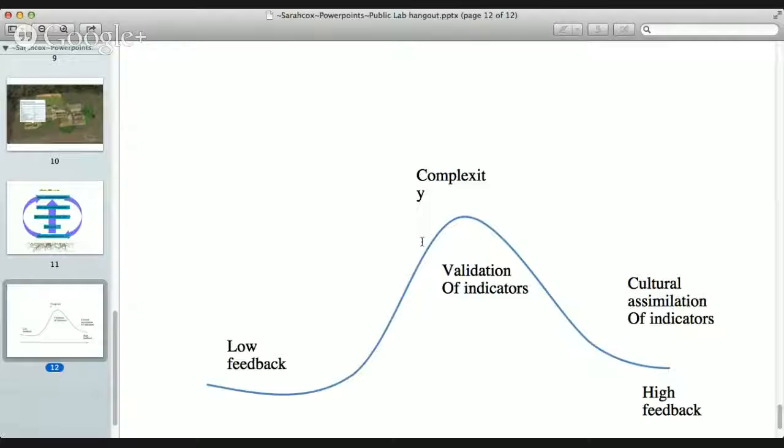I just wanted to end with one more thing that I've been looking at, this very simple graph here. I don't know if this makes much sense, except that I see this process that we're going through right now as essentially a validation of indicators, and it gets more and more complex as we validate those indicators.